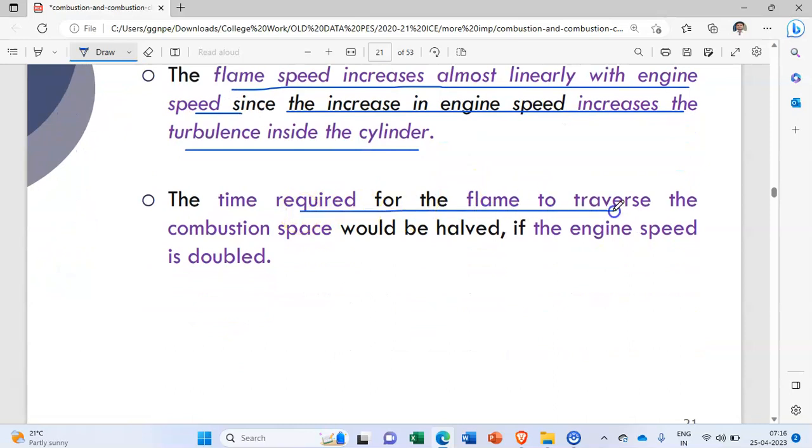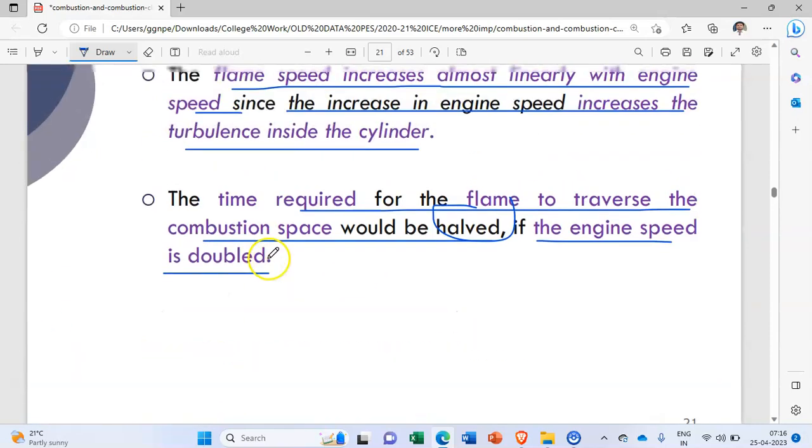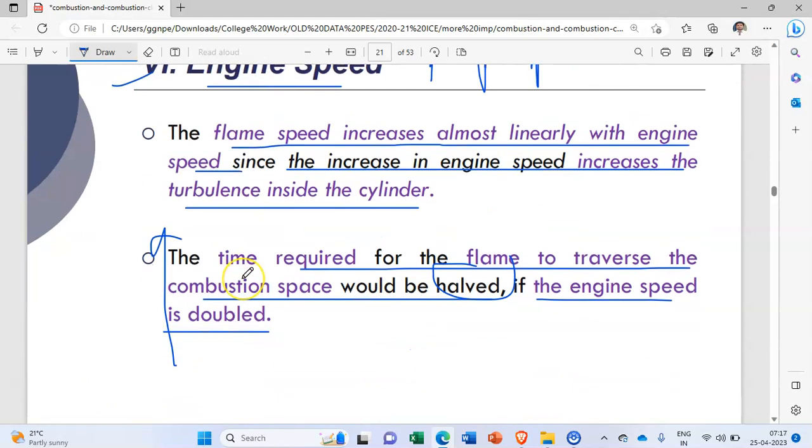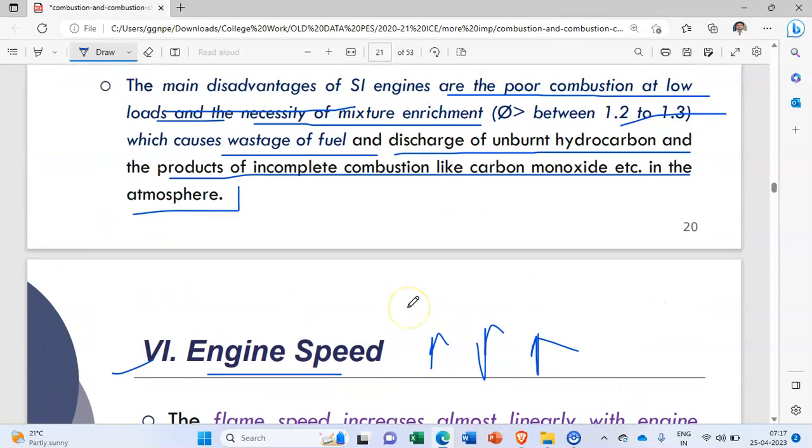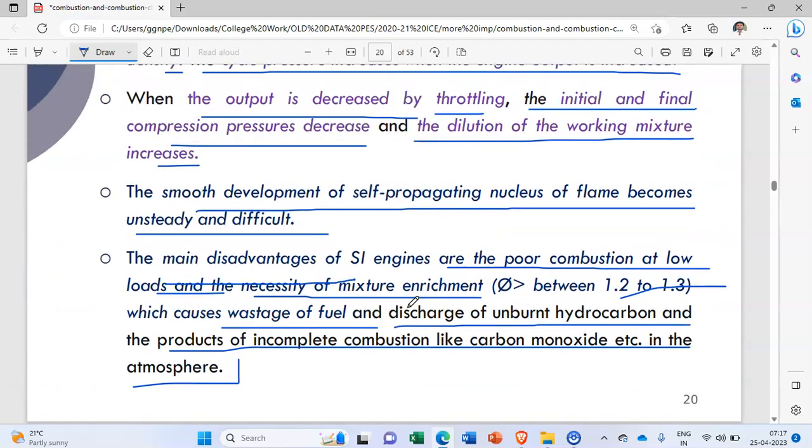If the engine speed is doubled, the time required for the flame to travel the combustion space would be half. So these are the different parameters that are affecting the flame speed and which are directly affecting the knock. I hope you understand what the different factors affecting the flame speed are.